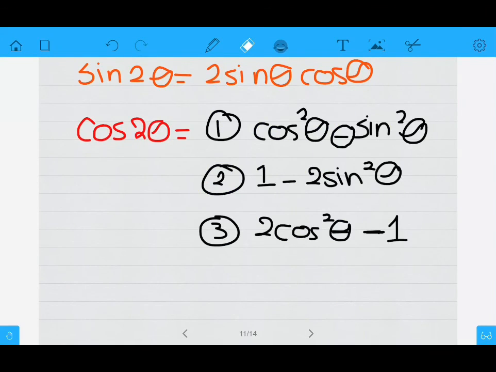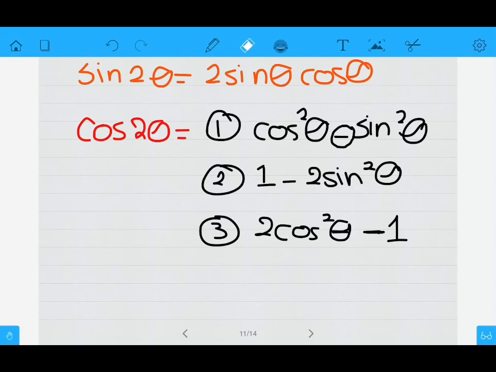In trigonometry you need more formulas for sine 2 theta and cosine 2 theta. For sine 2 theta we have only one formula: 2 sine theta cosine theta. For cosine 2 theta we have 3 formulas: one for sine, one for cosine, and one for sine and cosine together.